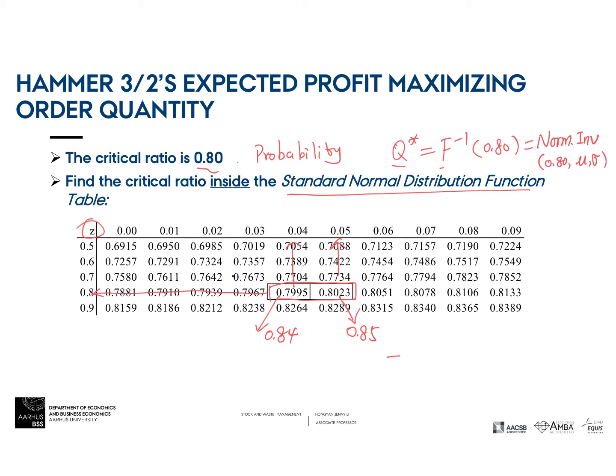So from this table you find zeta equals 0.85. If this is the optimal zeta value, that's how you find it.